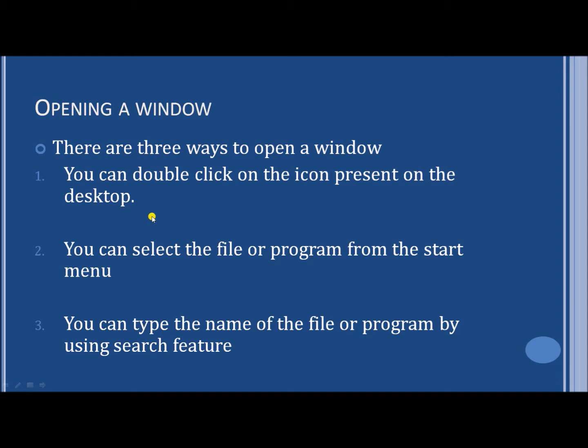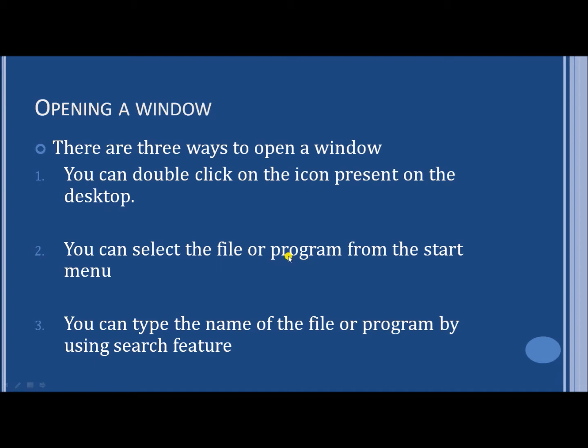Remember how you double click: by rapidly clicking the left side button of your mouse two times. By double clicking on an icon of a program or a file, you can open up a window of that file or program.